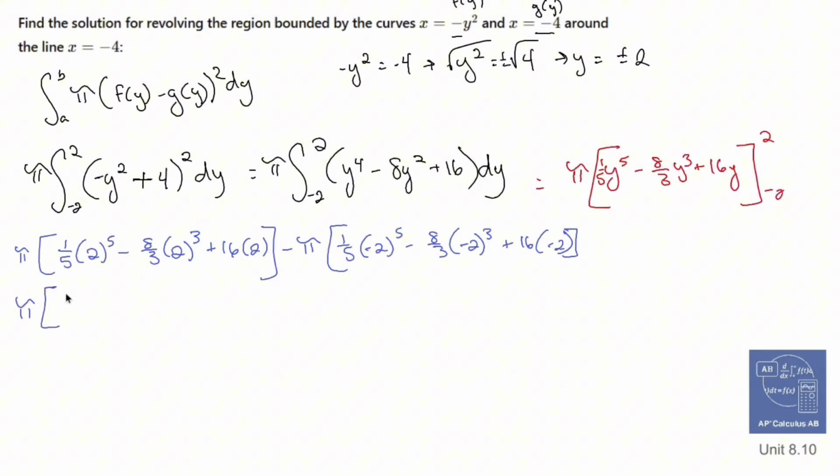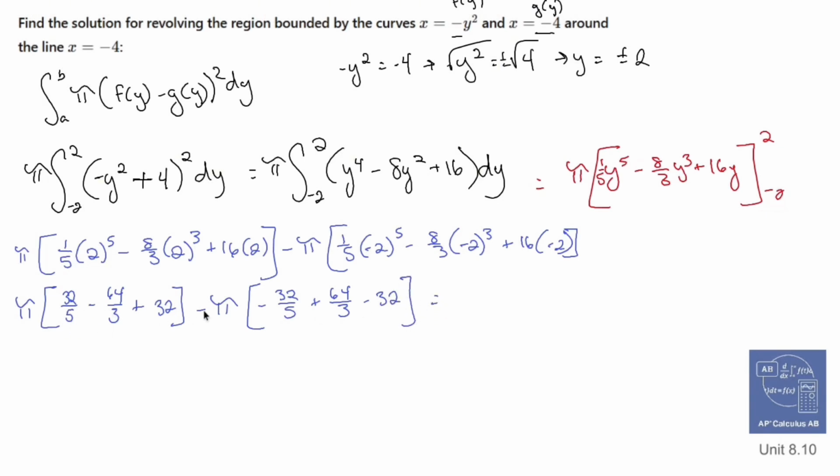What do we have? 2 to the 5th is 32, so 32 over 5, minus 8 times 8 is 64 over 3, plus 32. And these numbers are going to be the same, just the opposite versions: negative 32 over 5 plus 64 over 3 minus 32.